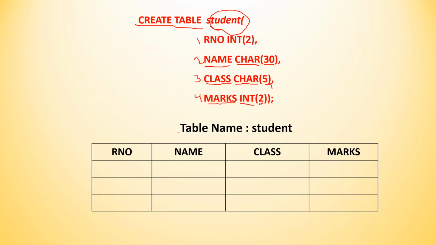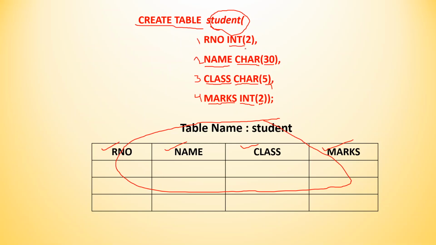After executing the query, this is the table structure which will be created in the database. It will have 4 columns with each of the attribute roll number, name, class and marks. And you can store only those types of values which you have specified in the data type.